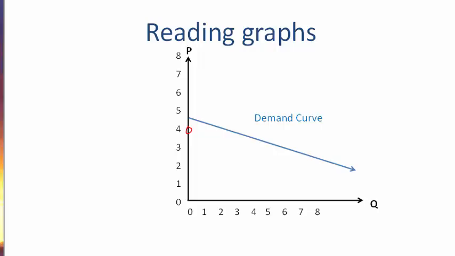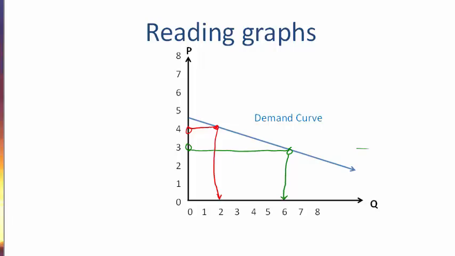The quantity demanded, in this case, I would go over until I hit the demand curve, and it looks to be that about 200 items would be demanded by the consumer at a price of $4,000 in this market. What if the price were to go down to, say, $3,000? What would be the quantity demanded at a price of $3,000 by the consumers in this market? It looks like about 600 items would be demanded at a price of $3,000 if this were the demand curve in a given market.